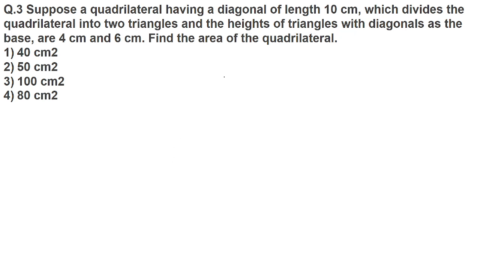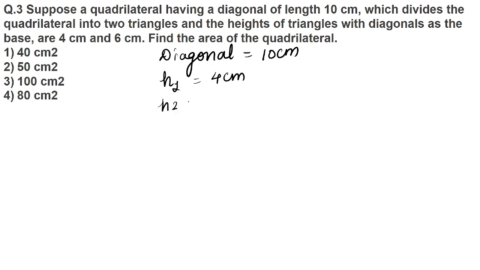Now, we know the diagonal is equal to 10 centimeter. Height of one triangle, let us suppose this is H1, is, for example, 4 centimeter, and the second height which is mentioned is 6 centimeter.